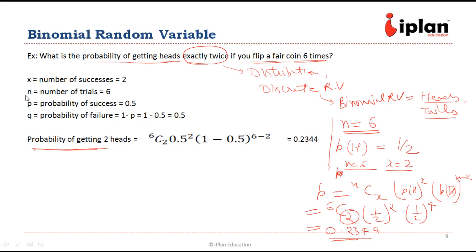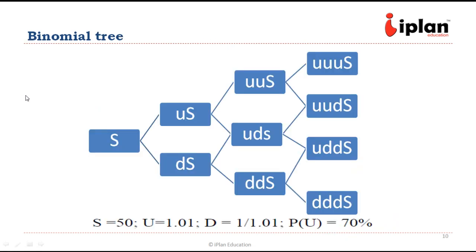Now let us look at the binomial tree, which will help us to understand the stock price movement. Suppose the price of the stock is S, which was say 50 in the starting. There are two possibilities: the upward movement or the downward movement. Say the value of u is 1.01.